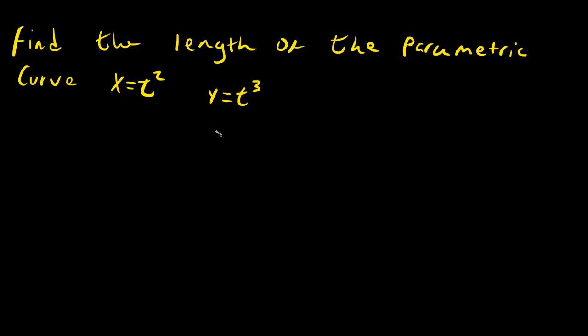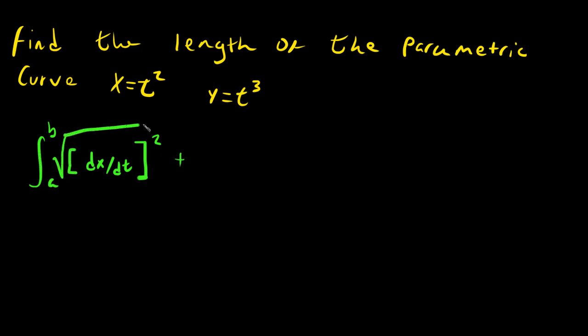Okay, so getting started with this formula, all it is is the integral from b to a of the square root of dx dt squared plus dy dt squared, dt.